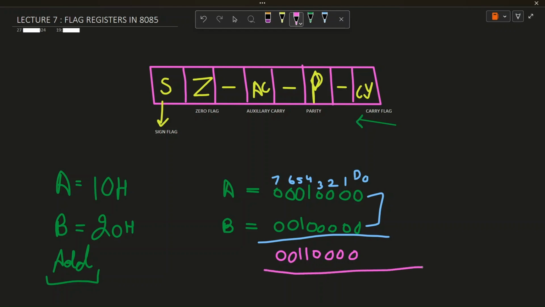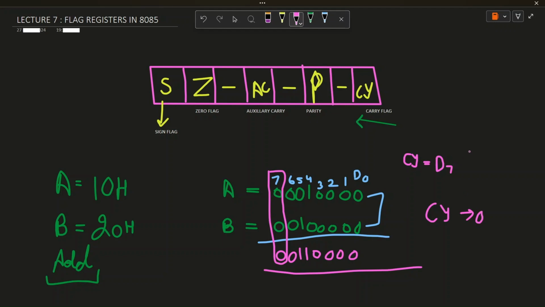Now, for the CY, that is your carry flag, we check the seventh bit, which is your D7. In the answer, the D7 bit is 0. When the D7 bit is 0, we set our carry flag as 0.